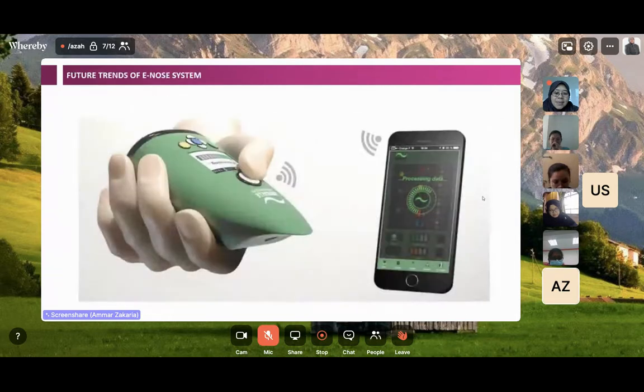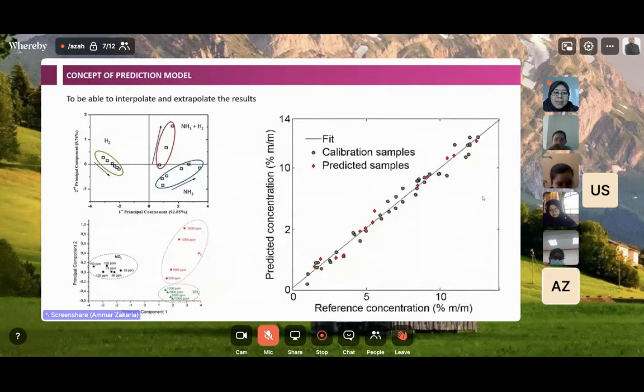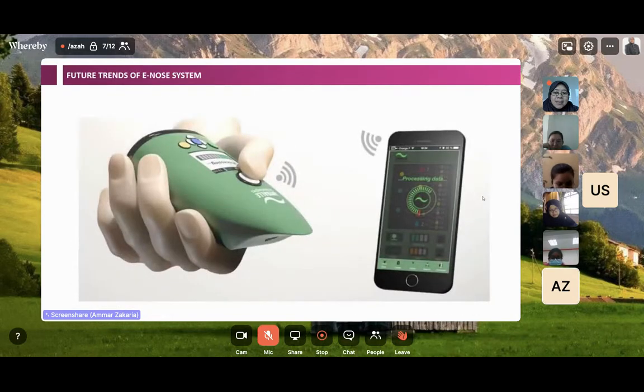Okay, I think we are approaching the end of my slide. Now I'm showing you some sneak peeks of the next Enos. They are targeting that Enos will be very small and handy, and it will interact with your mobile phone.